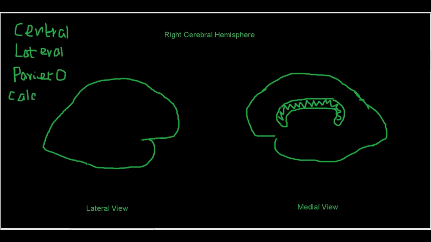So these are the 4 sulci which are the main ones, because they define the boundaries of the lobes of the cerebral hemispheres. So let's look at the central sulcus.